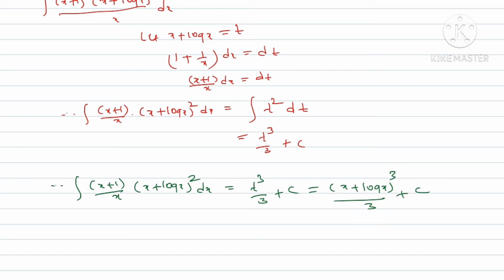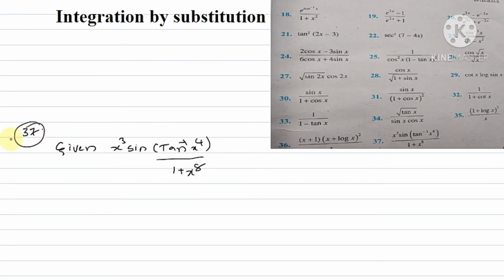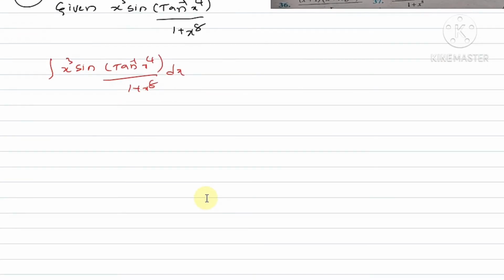This is the solution. The next question is the 37th question. This is the last question. He has given x cube sin of tan inverse x power 4 upon 1 plus x power 8 into dx. This integration we have to find out.